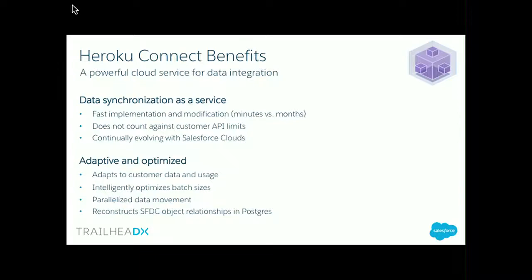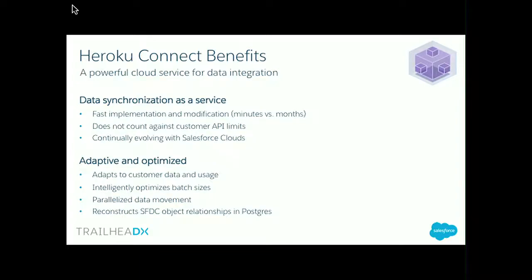So a couple of things that aren't obvious that I want to share with you about Connect. Connect is really intelligent about dealing with your data shape, your data volume, write patterns if you're doing that, read patterns. So under the covers, we're able to switch between different Salesforce APIs. We do intelligently adjust batch sizes. Everything is parallelized, so the system at every level in the stack is highly parallelized.